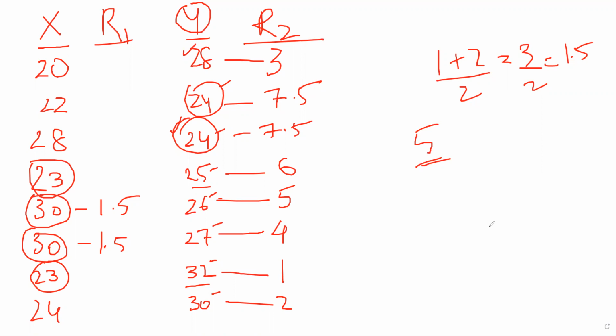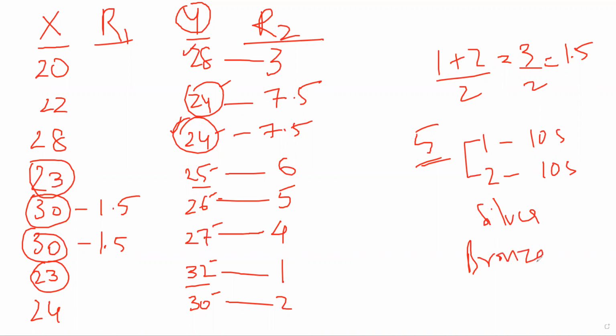Let us suppose 5 people are competing and the first and second person both got 10 seconds. There will be a tie, meaning 2 gold medals given to the first and second person. There will be no silver medal, there will be a bronze medal. So there will be no 2, there will directly be third rank. Understood? That is how this scenario is also.